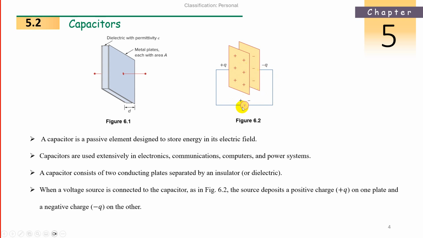When we connect the voltage source, what happens? Due to the plus terminal of the voltage source, positive charge is collected on the plate on the left side. On the right side, where the negative terminal of the voltage source is connected, negative charge is deposited on that plate. So together it becomes an electric storage element.